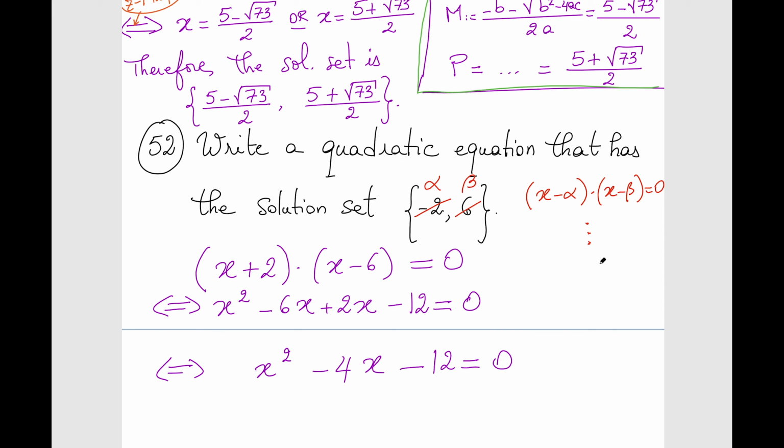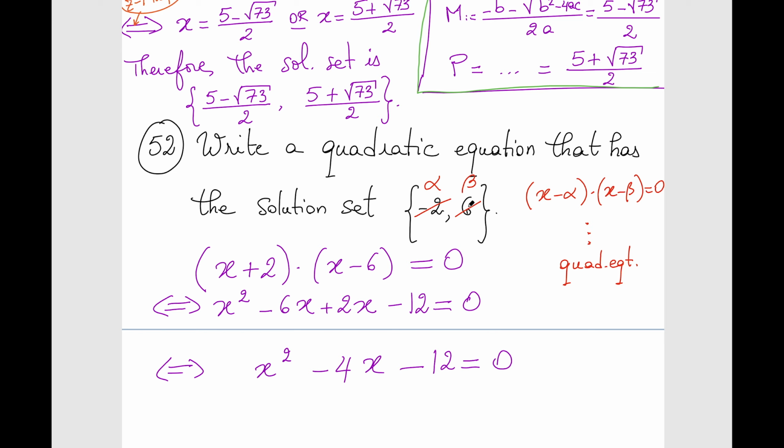So you're going to get a quadratic equation at the end of the day. And this quadratic equation is going to be equivalent to this one, which has this as a solution set. And as such, we are providing ourselves with a quadratic equation that has this as a solution set.